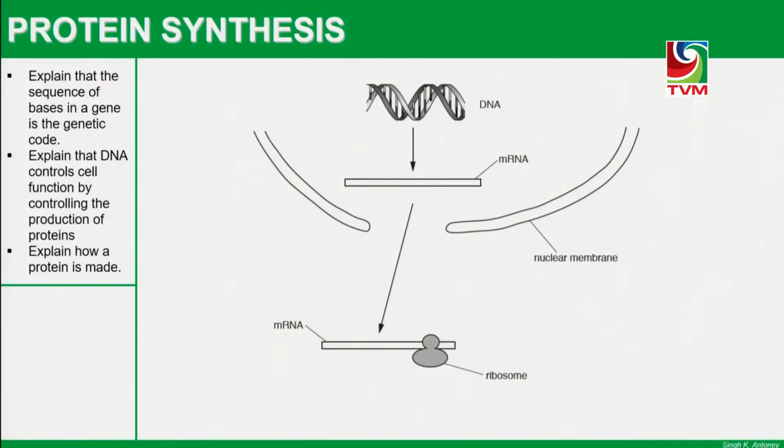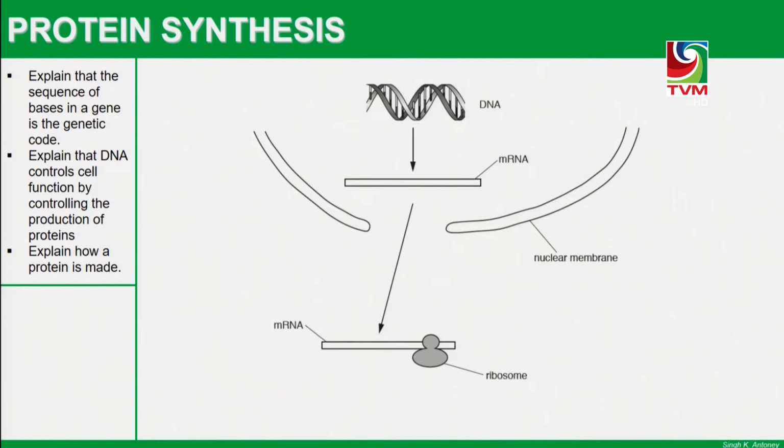And the syllabus is asking you to, this is the diagram I have taken from a past paper question. Here we could see the DNA molecule, and this is the mRNA, which is copying down the genetic information, which is coming out into the cytoplasm, where it is getting attached to the ribosomes. So this is a diagram which is given in one of the past paper questions.